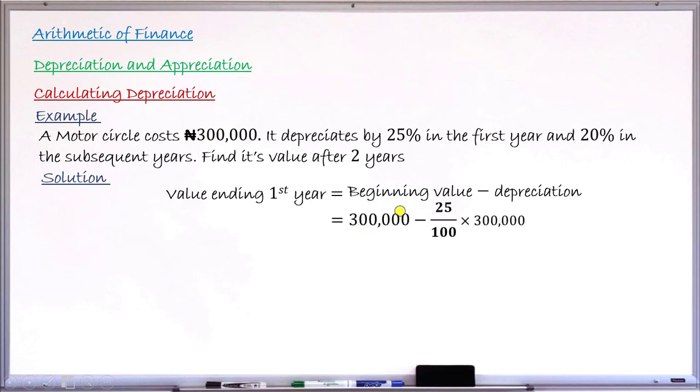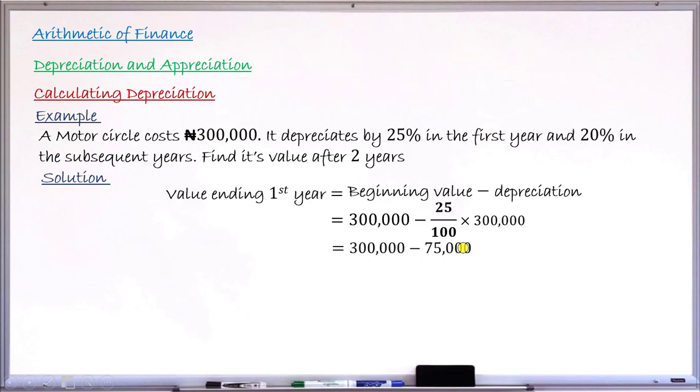So if I substitute my beginning value, 300,000 naira, minus 25% of the beginning value, that is 300,000 naira, this side will give me the amount of depreciation. So let me find what is 25% of 300,000 naira.